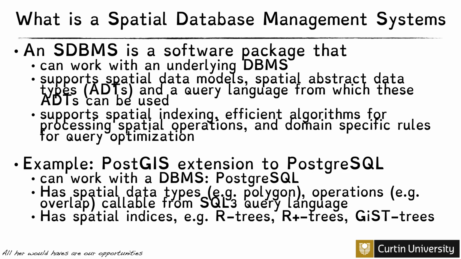Does this overlap with that? Because in the spatial realm, that's really important to understand. Do we have an overlap? Because when we have an overlap, that may mean we need to look at doing things differently. Spatial indices, R trees, R plus trees, GIS trees. These are all the things that a spatial database management system provides us with.